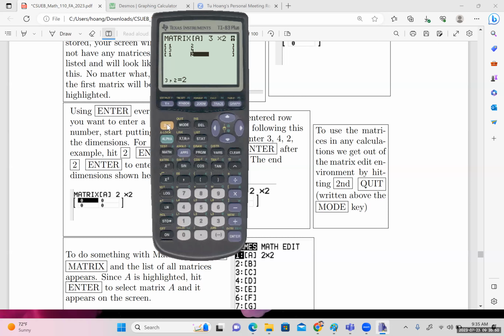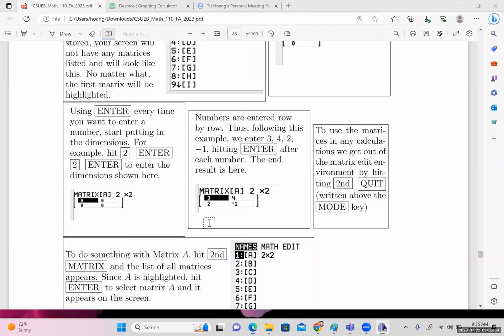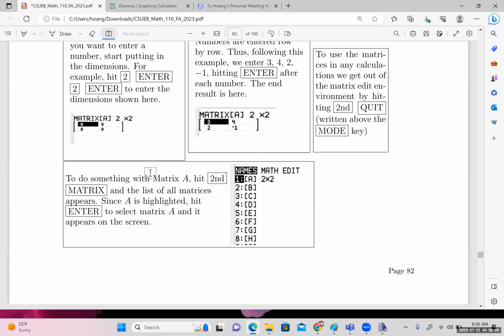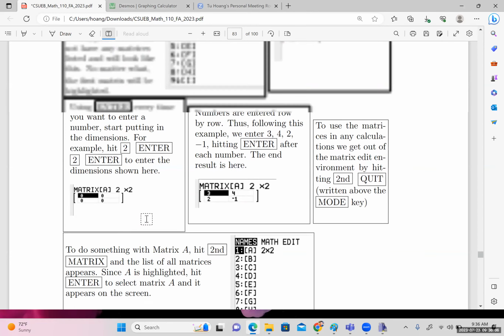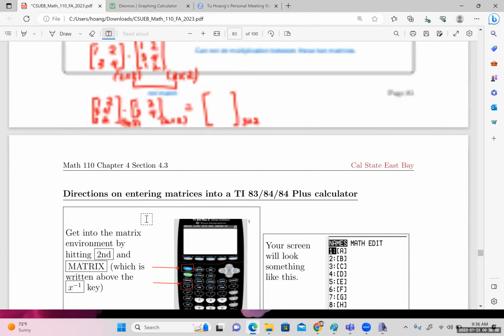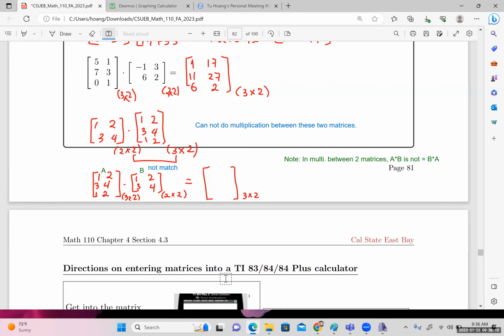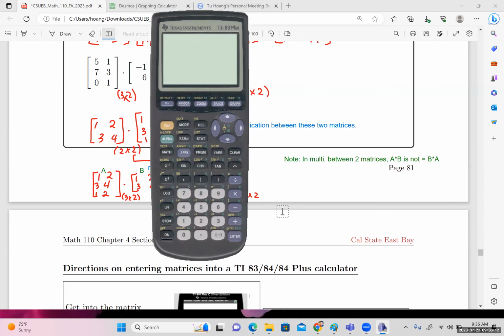So I click second and go to mode, which is the quit button here. Okay, I get out. If I want to do something with matrix A, but right now I need to have matrix B also. So I would recommend naming matrix B the same way.